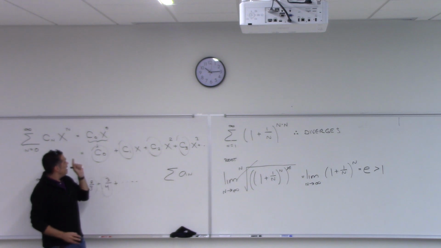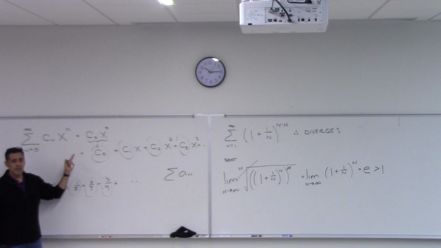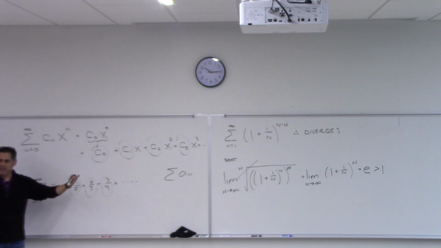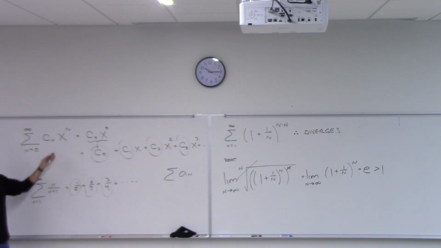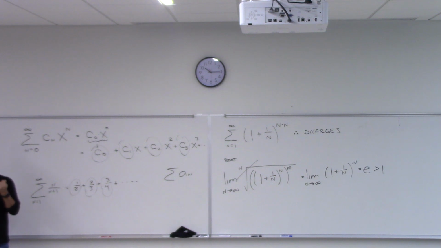Can you tell me if this converges or diverges? If x is 0, then aren't you just adding up 0 plus 0 plus 0 forever? That would be convergent. But if I let x be some other number, it may not converge. So the value of the variable is now what determines if the series converges or diverges.